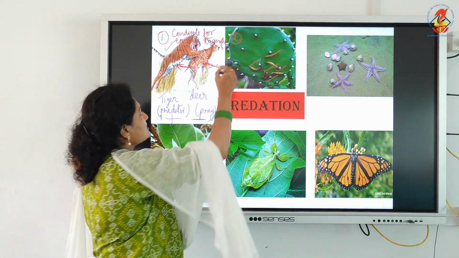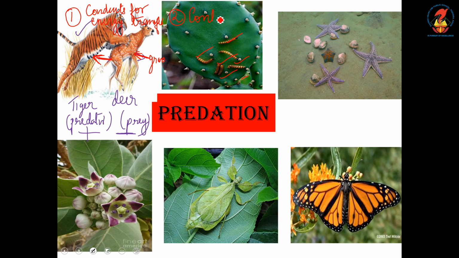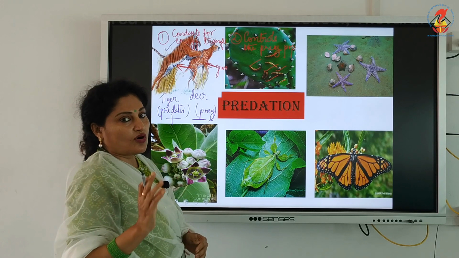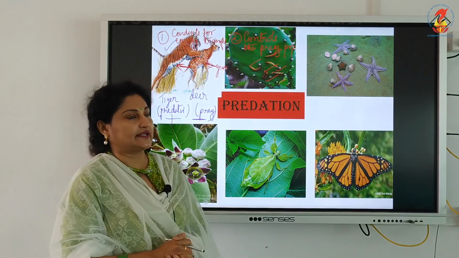So, predators control the prey population. The prey population is brought under control because of predators.